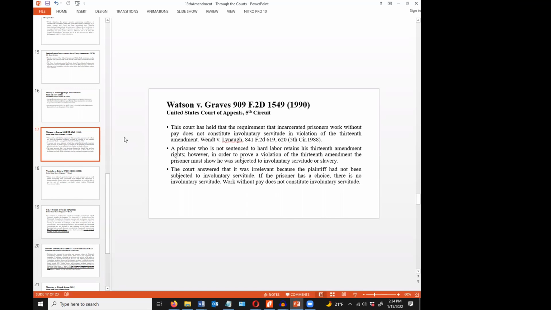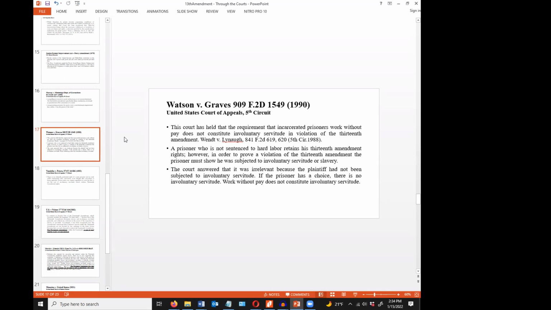A prisoner who is not sentenced to hard labor retains his 13th Amendment rights. However, in order to prove a violation, the prisoner must show he was subjected to involuntary servitude or slavery. The court answered that it was irrelevant because the plaintiff had not been subjected to involuntary servitude. If the prisoner has a choice, there is no involuntary servitude. Work without pay does not constitute involuntary servitude.